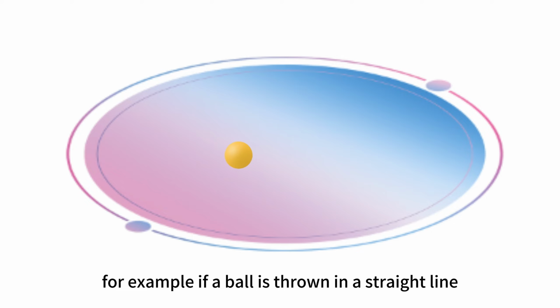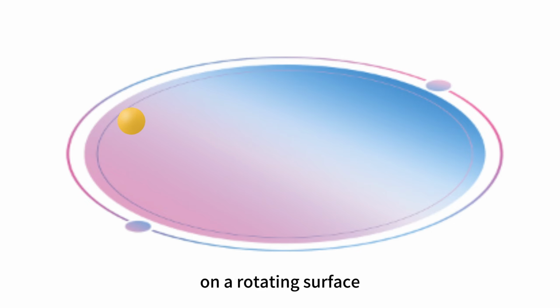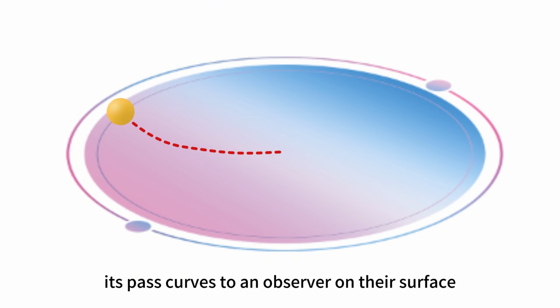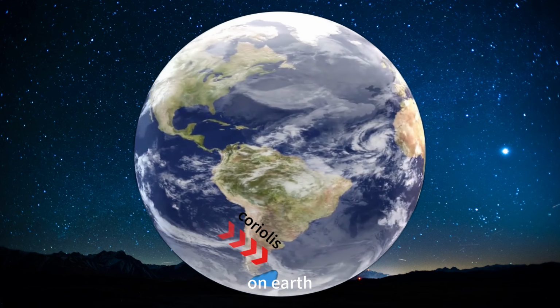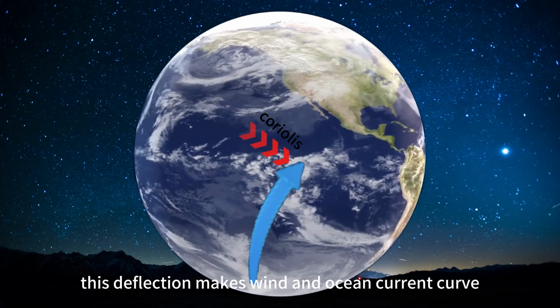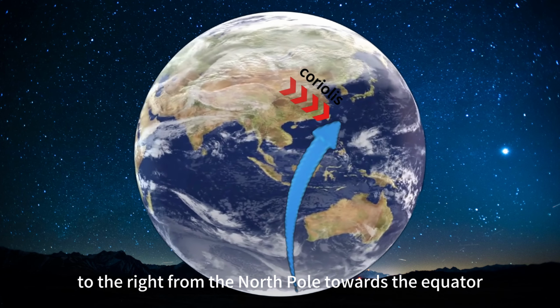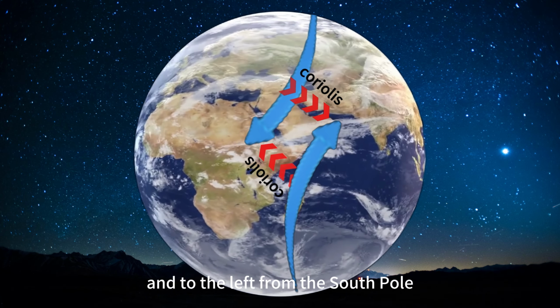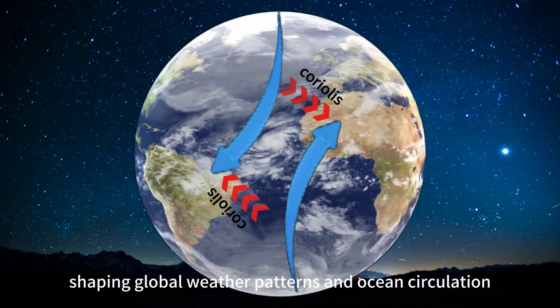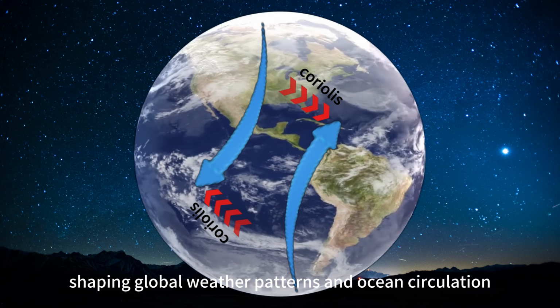For example, if a ball is rolled in a straight line on a rotating surface, its path curves to an observer on that surface. On Earth, this deflection makes wind and ocean currents curve to the right from the North Pole towards the equator and to the left from the South Pole, shaping global weather patterns and ocean circulation.